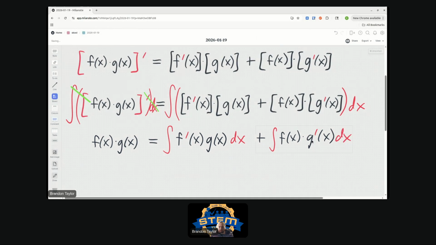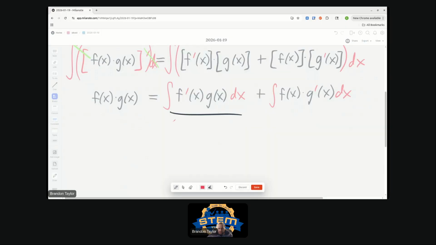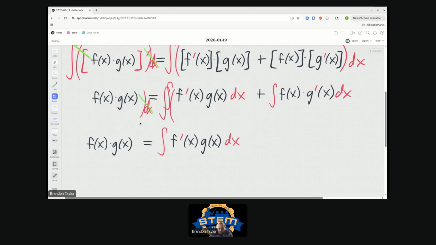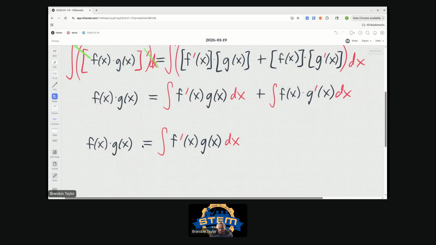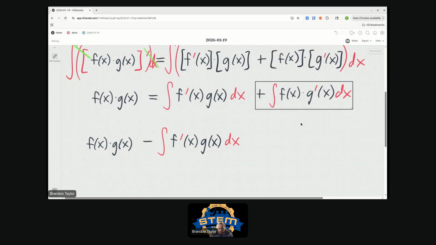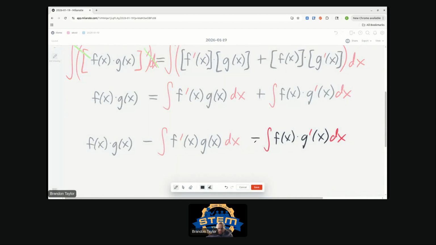If we substitute that, we can subtract one of these integrals to the other side. Instead of an equal sign it becomes a minus sign, and the other becomes an equal sign instead of a plus sign.